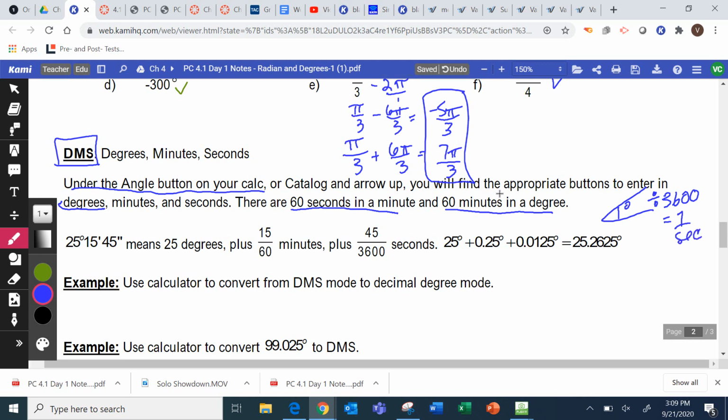So we're getting really precise with degrees. This would be used in real life application if angles are important for a job. We would probably use degrees, minutes, and seconds.